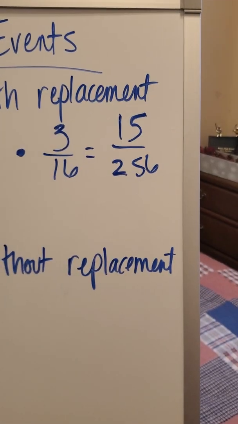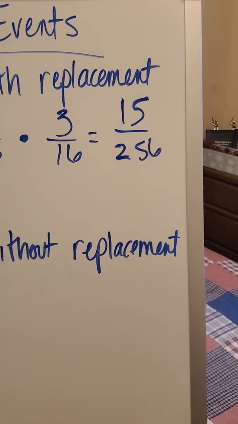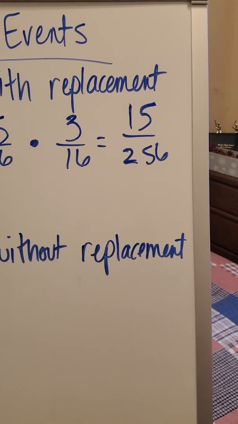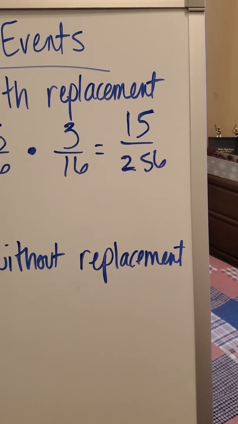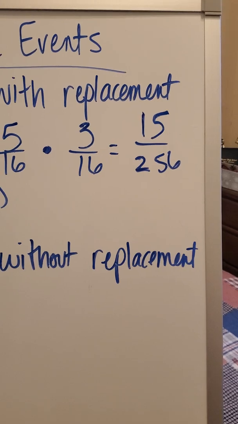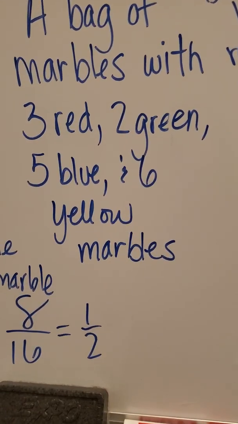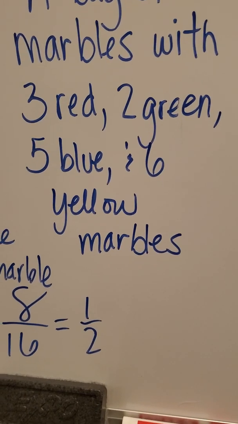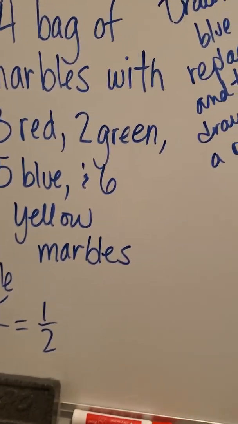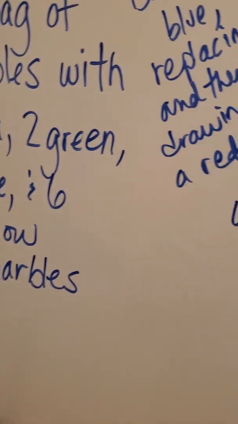The probability is 15 out of 256. I know that sounds crazy, but if you think about it, you have to meet the first probability. You have to draw that blue one and then turn around and draw the red one. If you notice, we got 6 yellow and 2 green in there, and we got the blue, so the chances of getting a red on that second draw, even if you get the blue one on the first one, is slim.